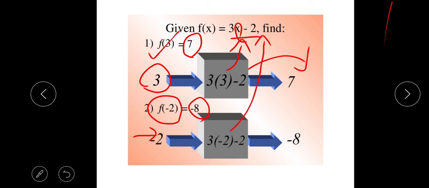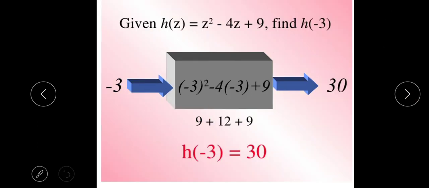So in the place of x, you substitute minus 2. Therefore, this is 3 into minus 2, minus 2. So the total answer is minus 8. This is the output value. This way you can calculate the value of the function with respect to any input value.